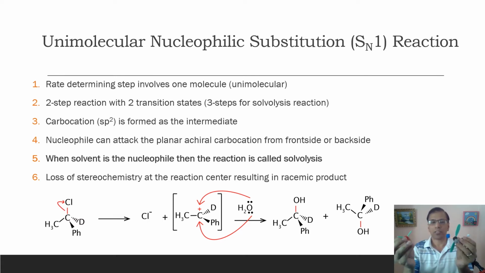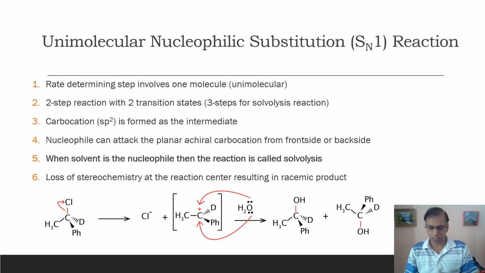So the lone pair of electrons on oxygen is going to attack the empty p orbital on the carbocation carbon. It can attack from the front side or it can attack from the back side, and because the carbocation is planar, there's a 50% chance of front side and back side attack, so you'll get a racemic product.